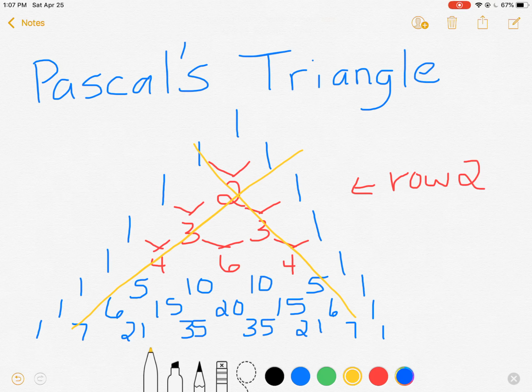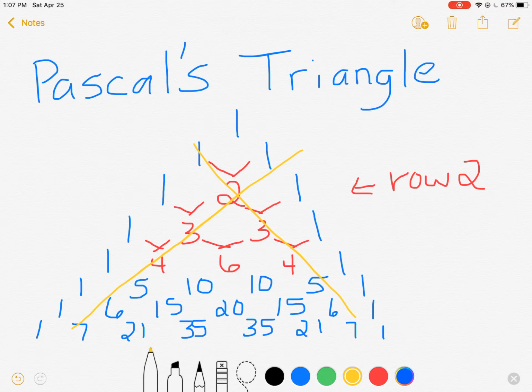Same thing about this one. 1, 2, 3, 4, 5, 6, 7. When we look down here, we got 1, 3, 6, 10, 15, 21, separated by 2, separated by 3, by 4, by 5. So there's just patterns all in Pascal's Triangle. For our purposes, we're going to be using them to expand binomials.